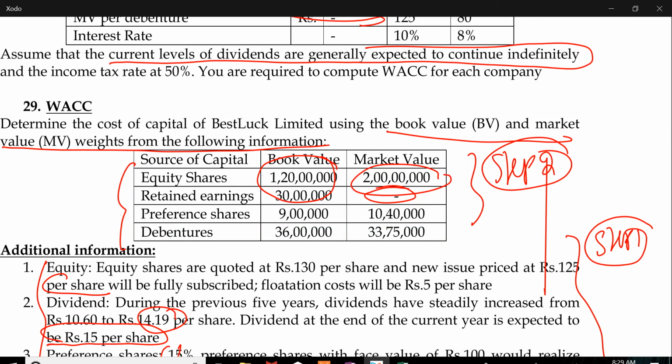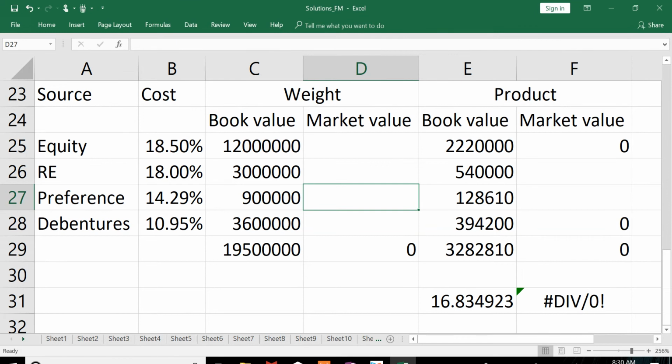By doing that split, then you do the same calculation. That's the only adjustment needed, because market cannot give a separate value for retained earnings and a separate value for equity share. It will be only a single value. Clear? Any doubts on this? Now do that 2 crore split in the ratio of 120:30. Basically 4:1.